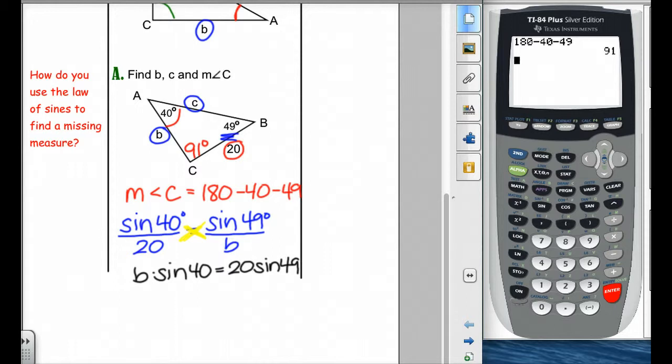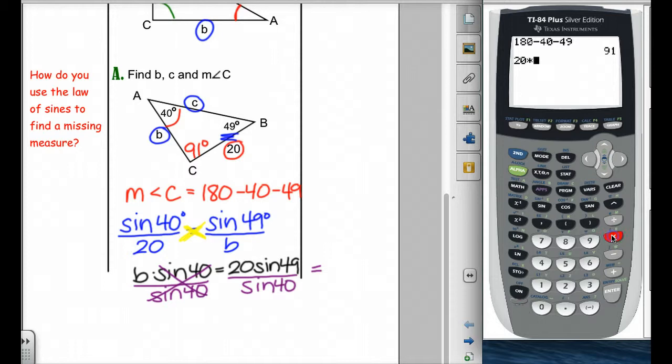Now I need to get B alone, so I'm going to divide both sides by the sine of 40, which means that these will cancel, leaving me with B. So I need to calculate 20 times the sine of 49, all divided by the sine of 40. First, 20 times the sine of 49 is approximately 15.1.